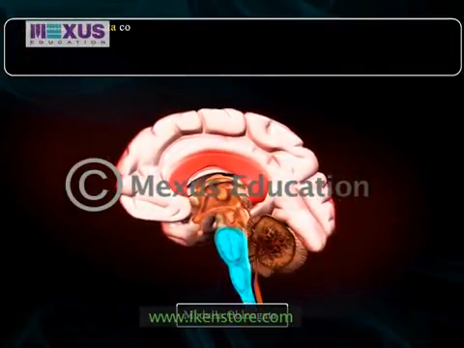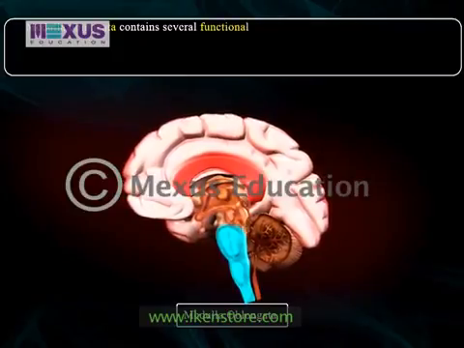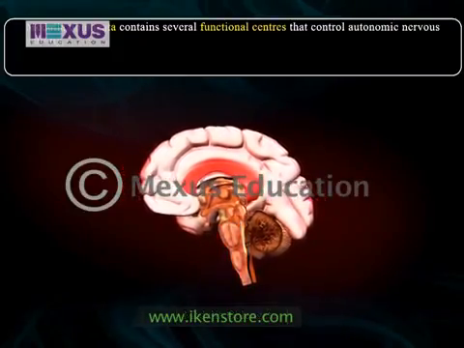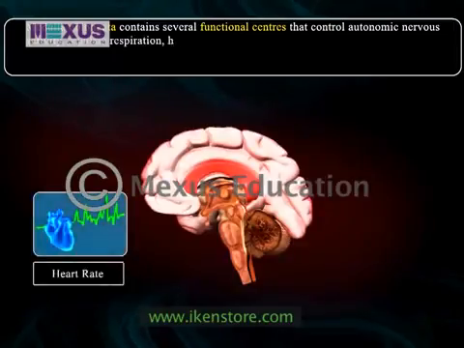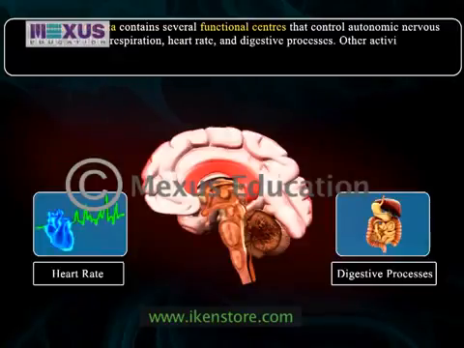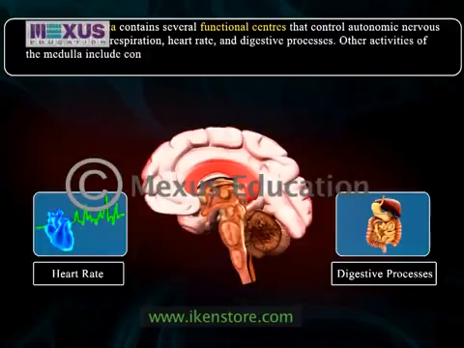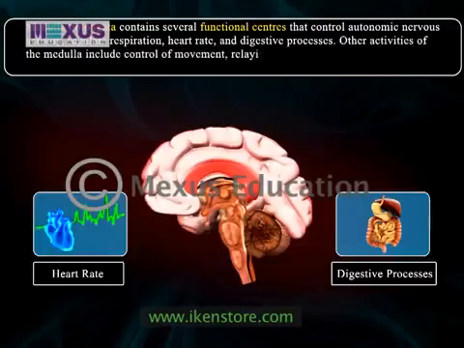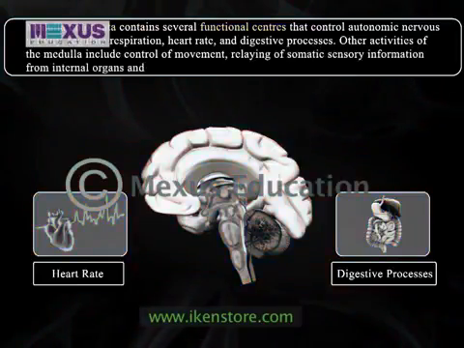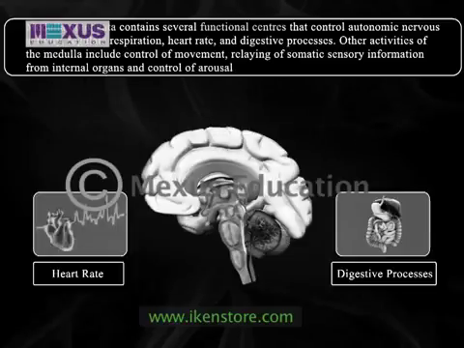Medulla oblongata contains several functional centers that control autonomic nervous activity, regulate respiration, heart rate, and digestive processes. Other activities of the medulla include control of movement, relaying of somatic sensory information from internal organs, and control of arousal and sleep.